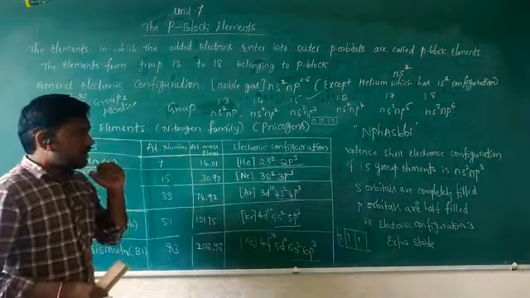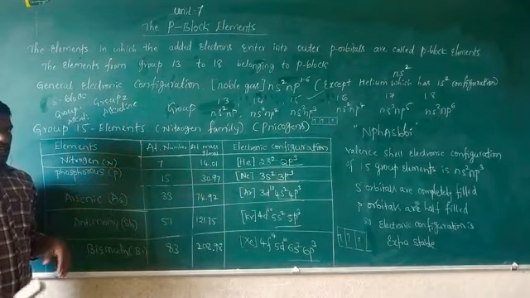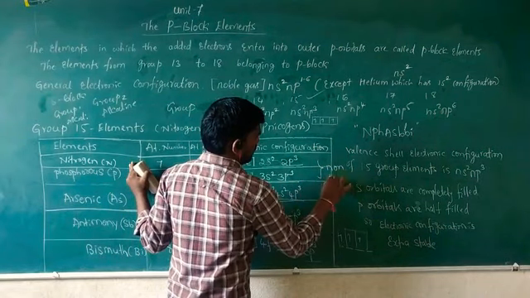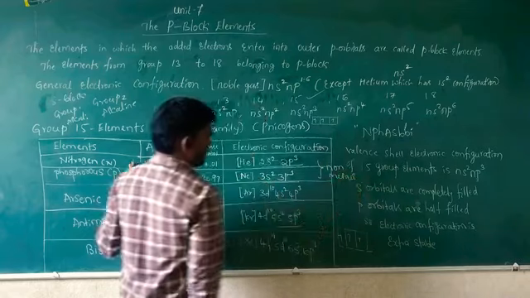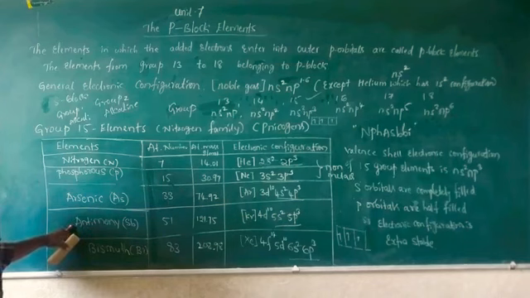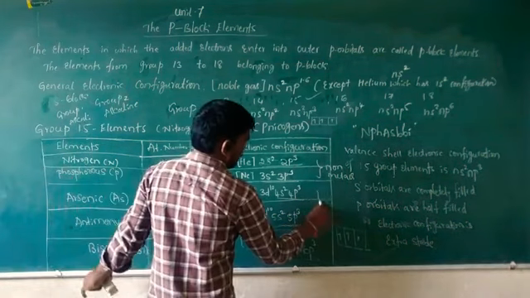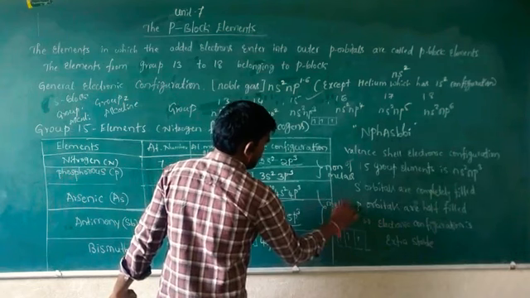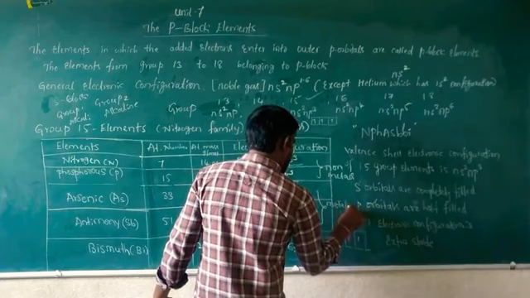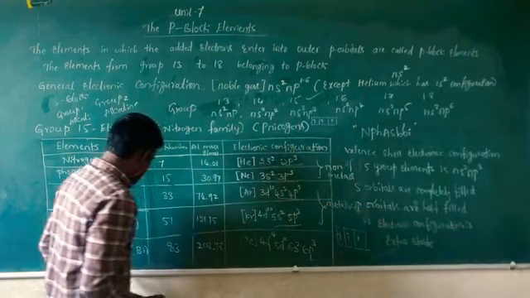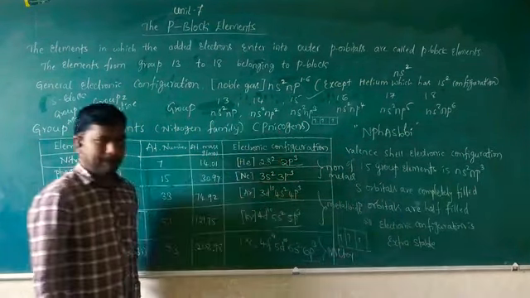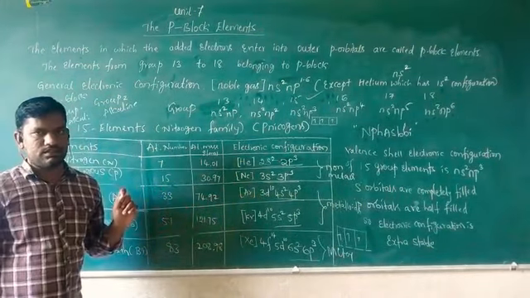Nitrogen and phosphorus are non-metals, arsenic and antimony are metalloids, and the last one, bismuth, is a metal. Next, occurrence.